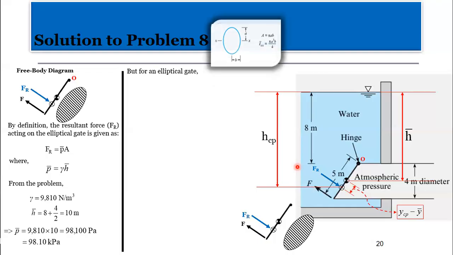For the elliptical gate, you need to know these dimensions, A and B. From the center to the shorter part of the circumference is the B, and the longer part is the A. The formula for finding the area is pi AB. If you are able to identify the A part of this diagram and the B part, you are good to go. So by definition, the area is given by this formula.